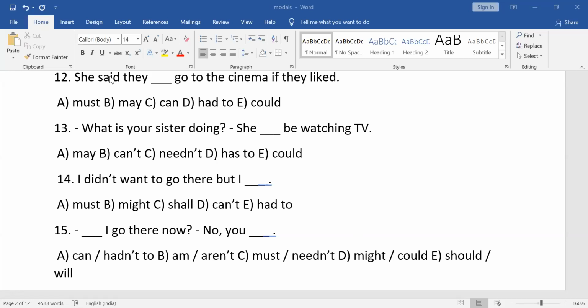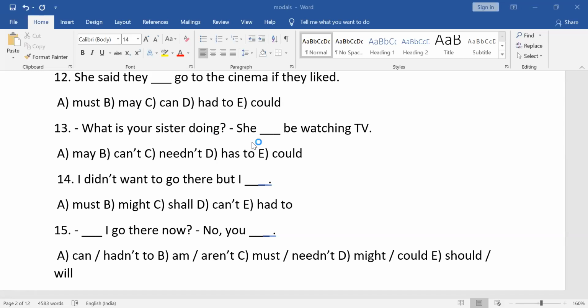She said, look at this, this is in the past. She said they dash to cinema if they liked. Could is the answer here because must, they must go. No, you may use may here, but said is here. Anyway, I'll talk more about this in the next one. So answer is could, not may.